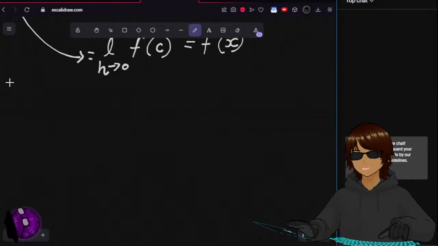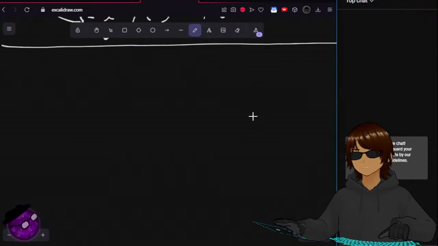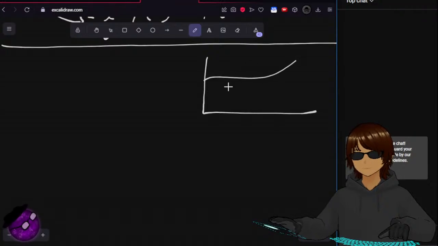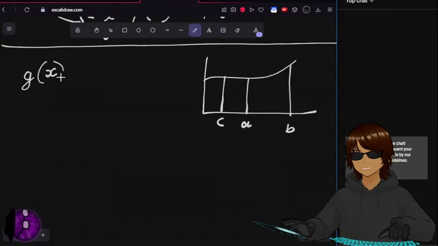Now the second fundamental theorem of calculus is that, a graph here, I have a constant c, I have three constants c, and then the area under the graph is g of x.